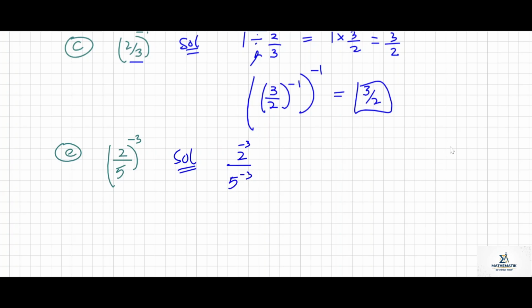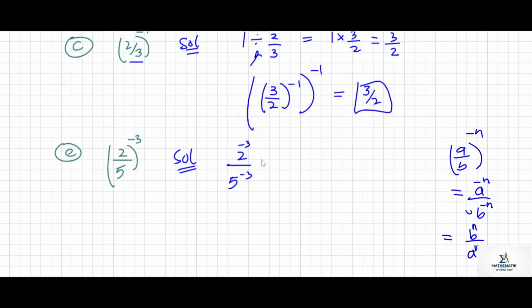You can say it's like this: a divided by b, raised to the power minus n, you can write as a raised to minus n, b raised to minus n. When this is a negative index going into the numerator, you change the index: b raised to n, a raised to n.